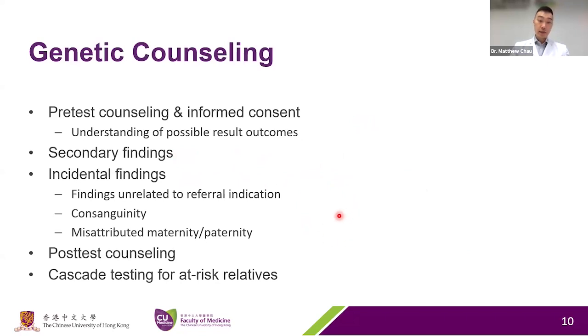There can also be unexpected consanguinity that can be picked up by genetic testing, as well as misattributed maternity and paternity. And after testing, post-test counseling will also disclose the results to the patient. And sometimes cascade testing would be recommended for family members.